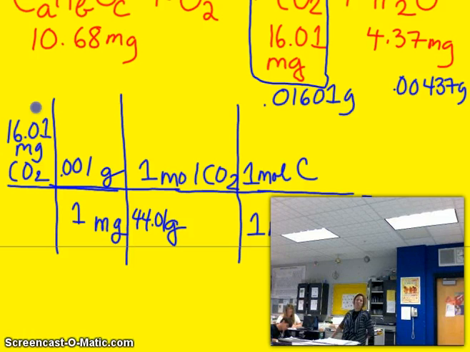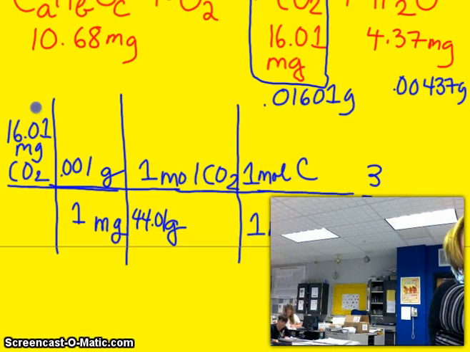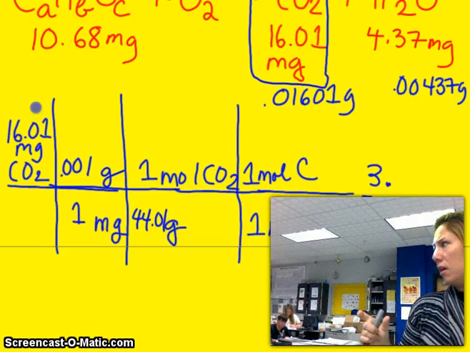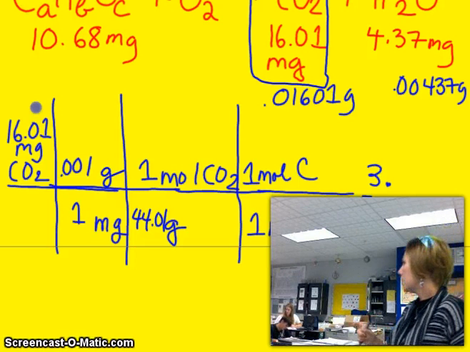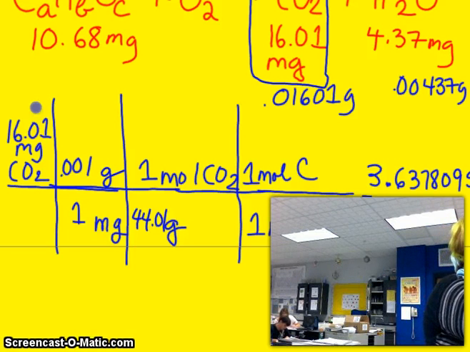Carlos, what's the first really, really, really important number? 3.64 times 10⁻⁴. Is that the whole big long thing? Don't round it for me. 3.63780958 times 10 to the negative fourth?